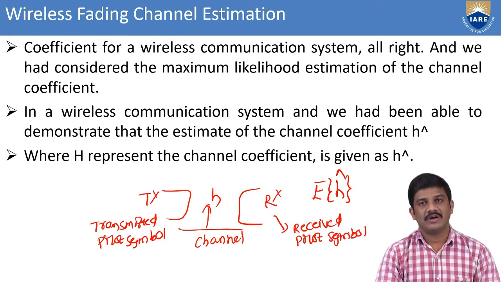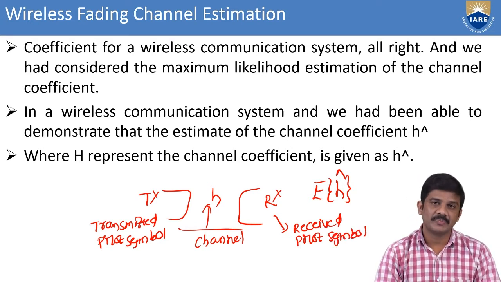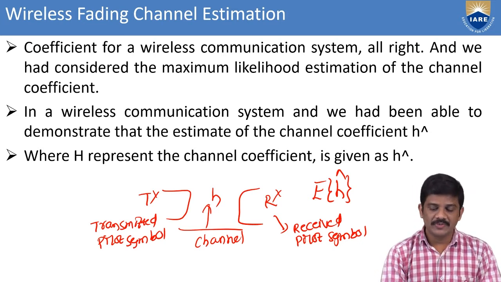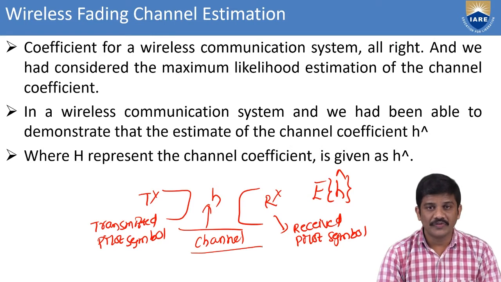On the transmission side we have the transmitted pilot symbol, and on the receiver side we have the received pilot symbol. In between is the channel coefficient.